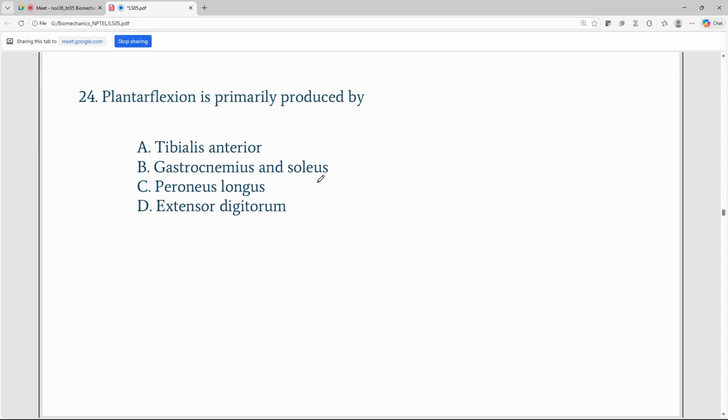Next question. Plantar flexion is primarily produced by which of the following? Options are option A, tibialis anterior, option B, gastrocnemius and soleus, option C, peroneus longus, option D, extensor digitorum.